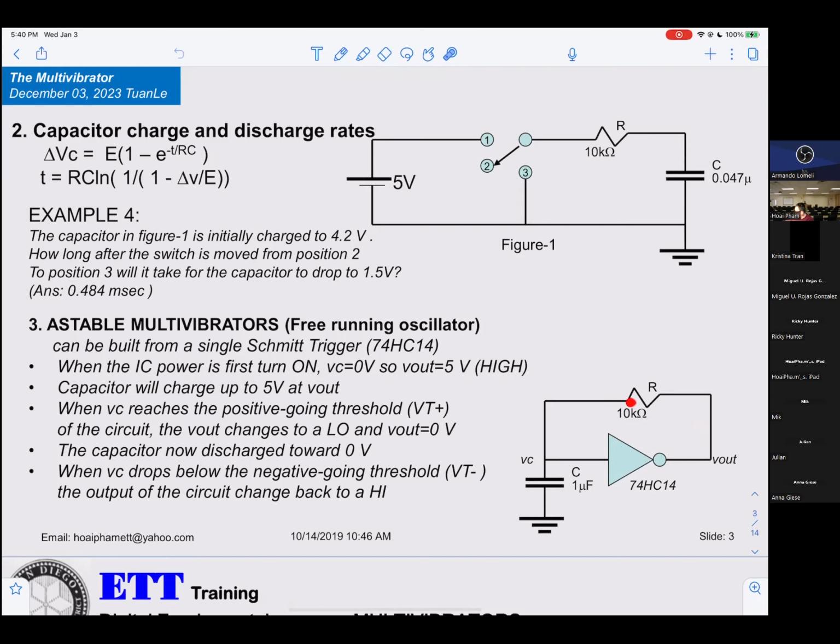Current will go this way, charging the capacitor. When the capacitor charges up to the point where the logic at the input is now 1, then the output will be 0.